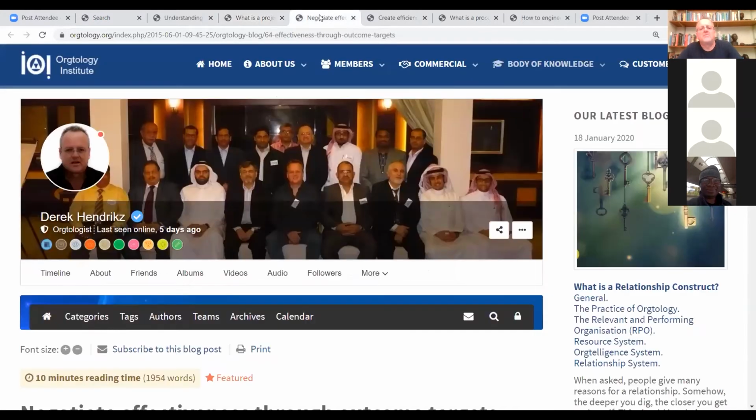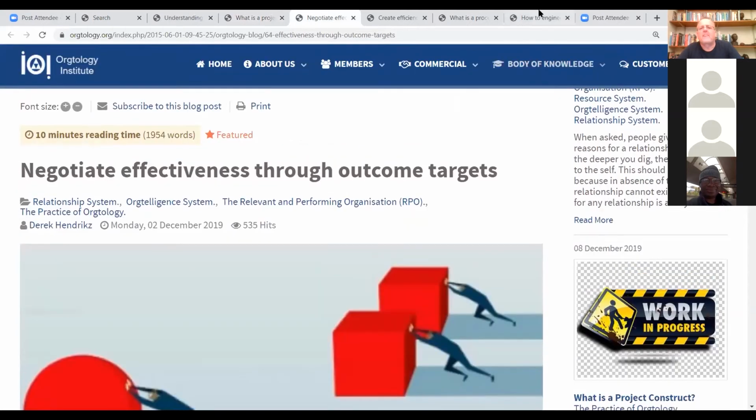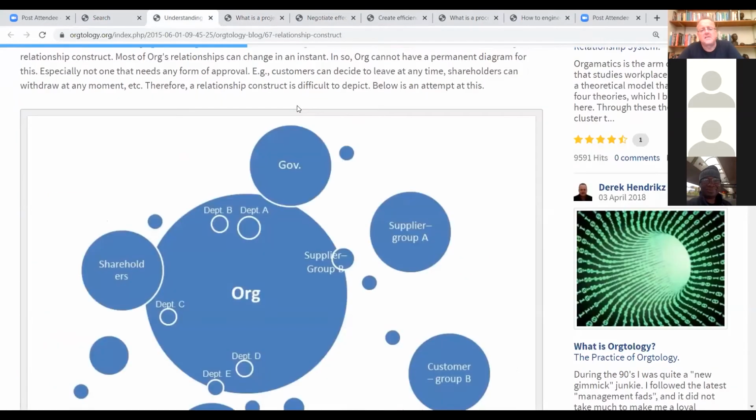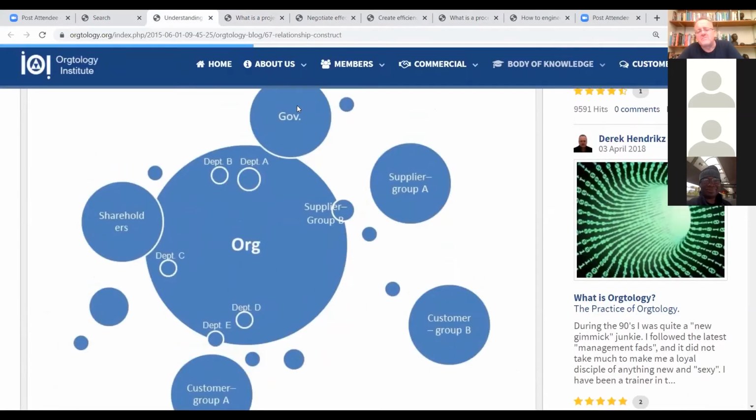All right, then lastly, we have the relationship construct. It's on your screen there. This, as I said, is a more difficult concept to manage. There you'll see I'm trying to depict it. It's very hard because what you're depicting is proximity, how close. The closer a relationship is, the more tense the reciprocity.